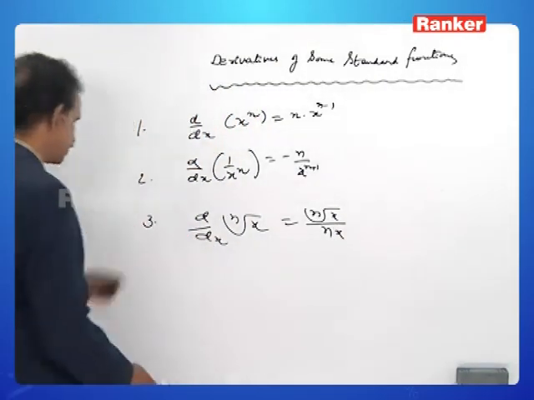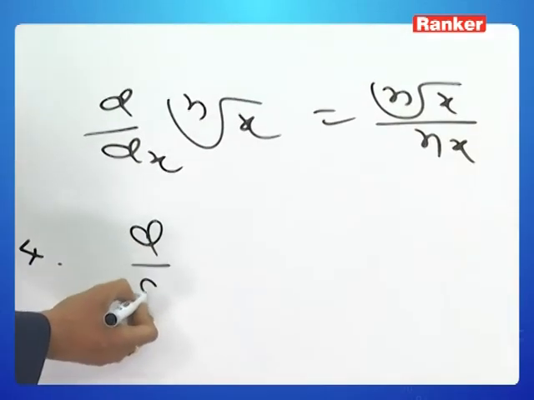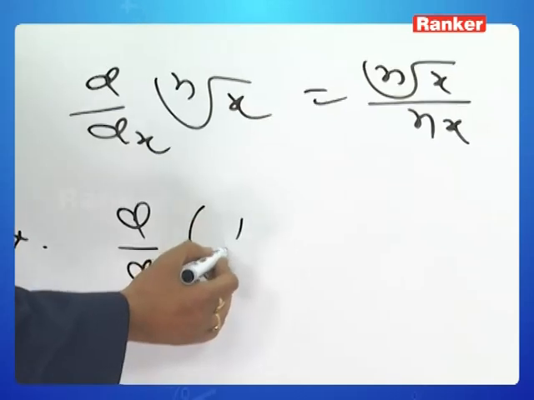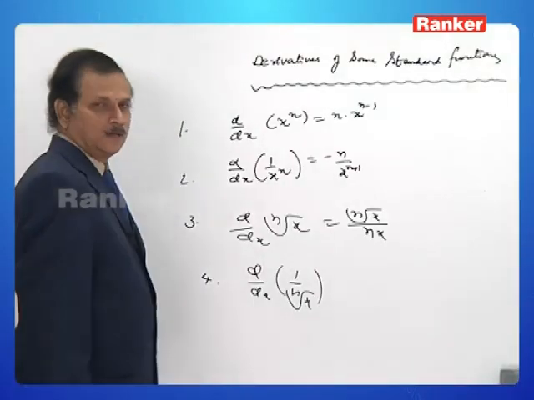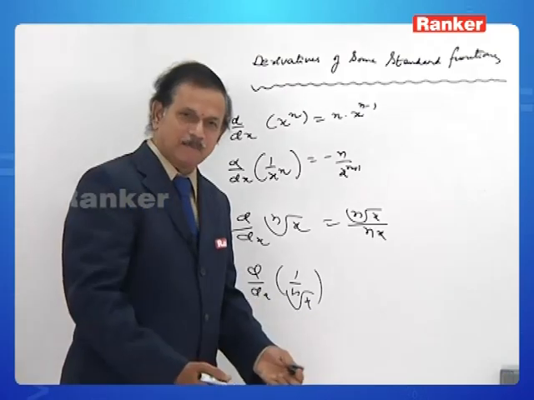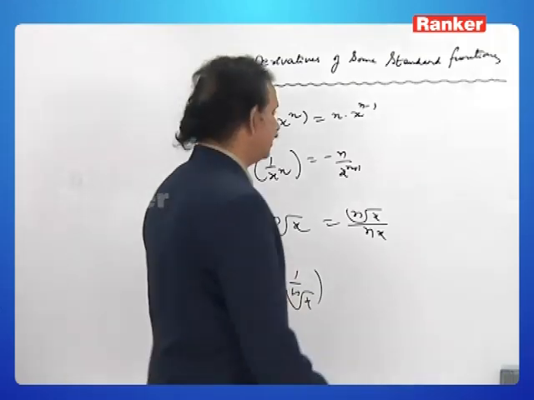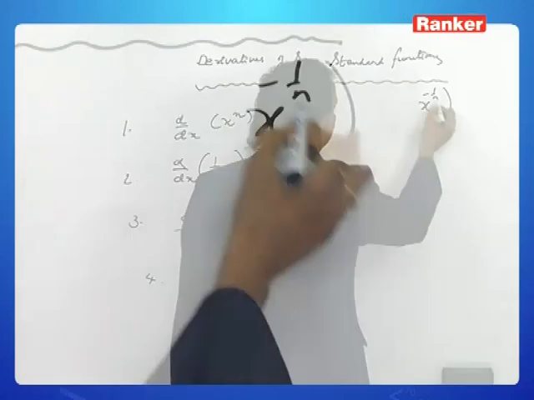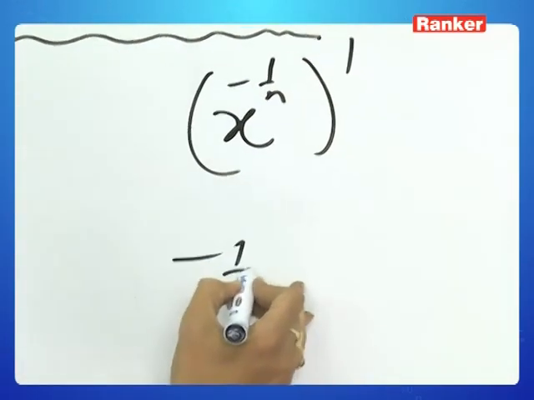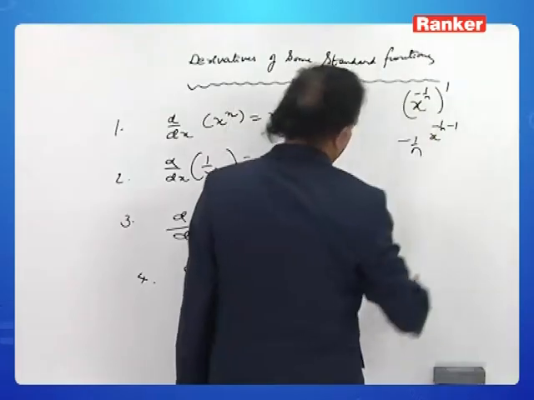Well done. Next one. Fourth formula. What is the derivative of 1 by nth root of x? Let us construct the same for the sake of ourselves. Yes, what is 1 by nth root of x? X power minus 1 by n. What is its derivative? Minus 1 by n into x power minus 1 by n minus 1.